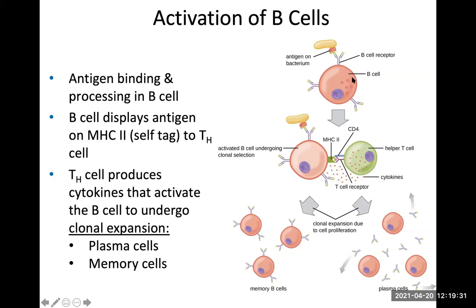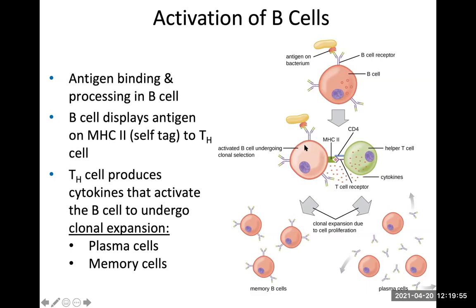So now we have this B cell that says, wow, finally my time has come. I've found my match, right? And it's going to then, we call it antigen process and display. And the display of this antigen is going to be presented on the MHC2 tag, right?